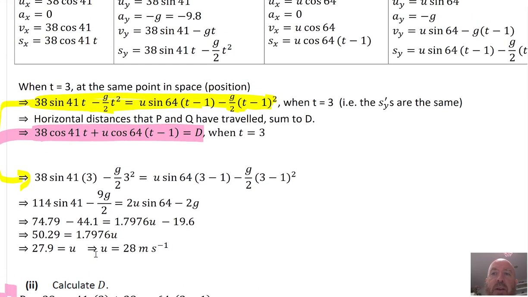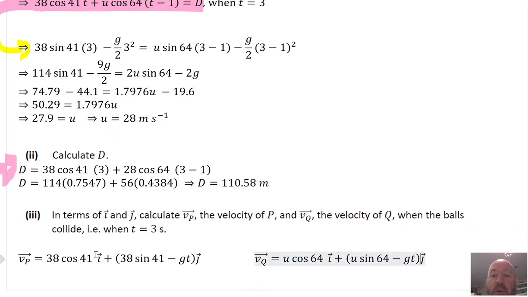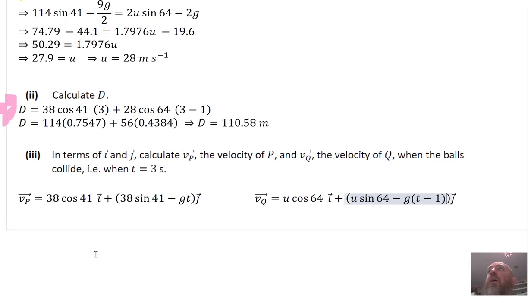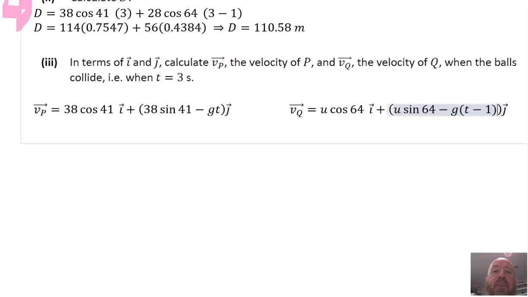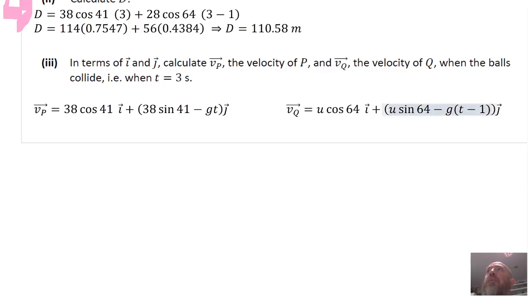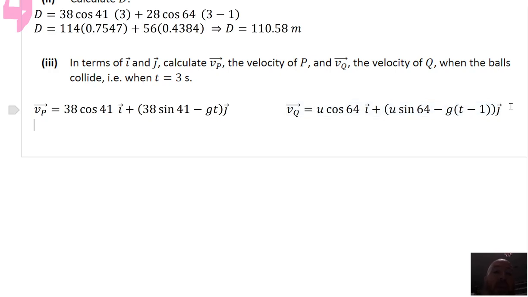And is that correct? t minus 1, not t. Oh. See, I even tried to do it right and I still made a mistake. So that's our Vp and Vq in general terms, just for whatever u is before we figured it out, and for whatever t is. But we know u is 28 and we know t is 3.